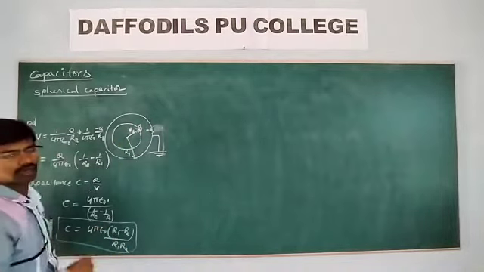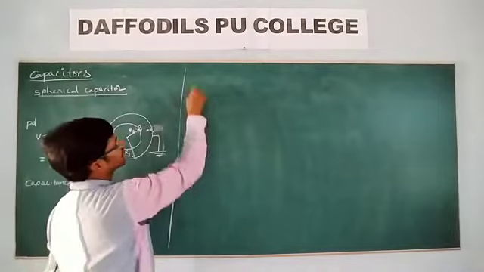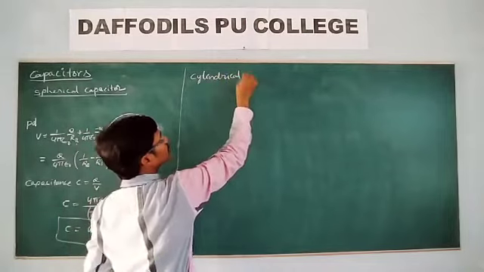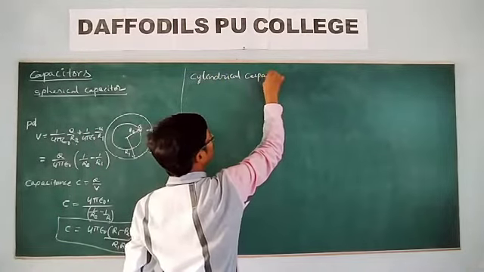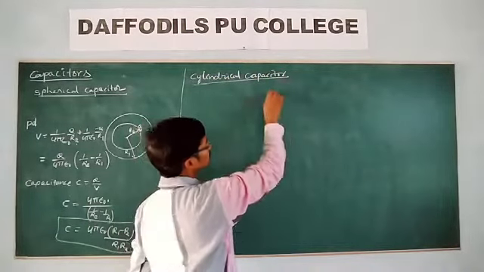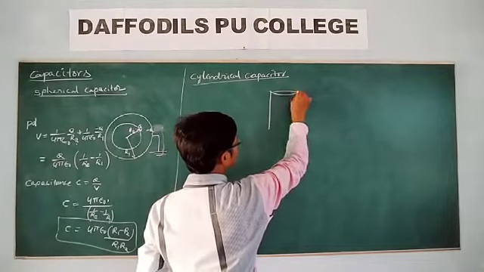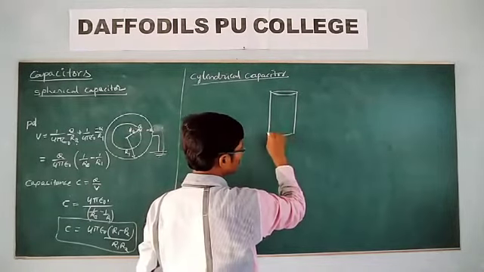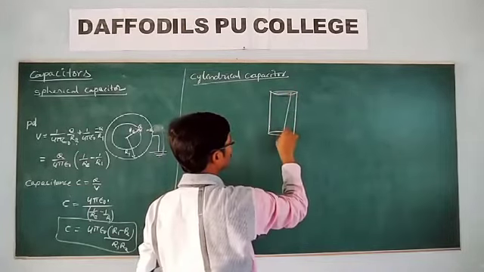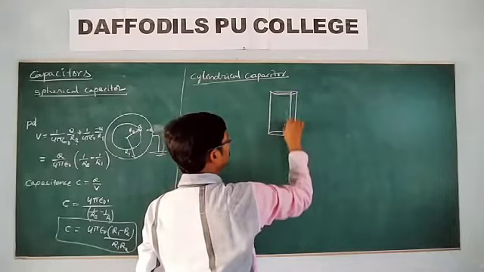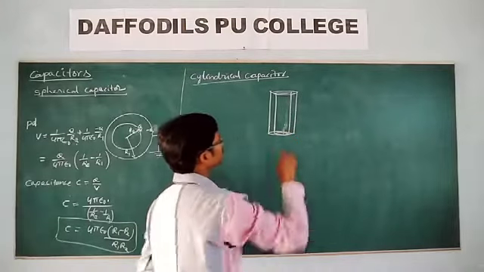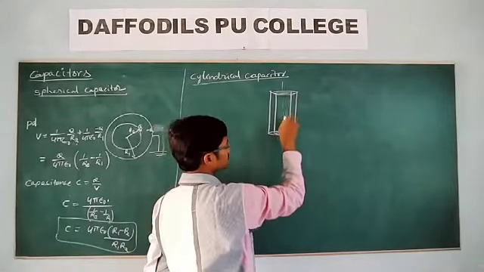Whereas for a cylindrical capacitor, this is the cylinder and this is the axis of the cylinder.